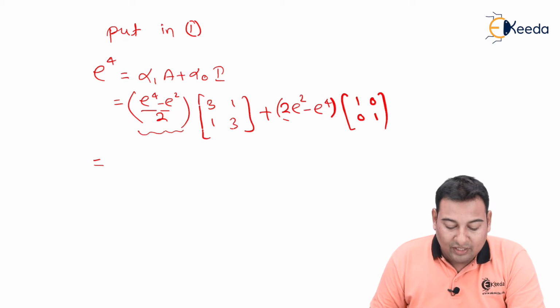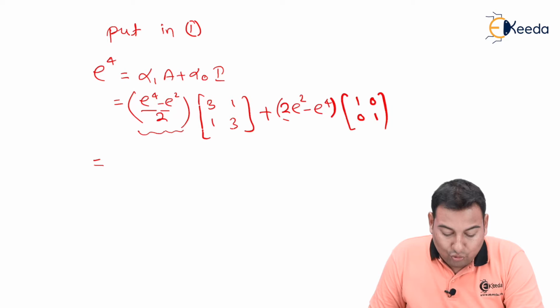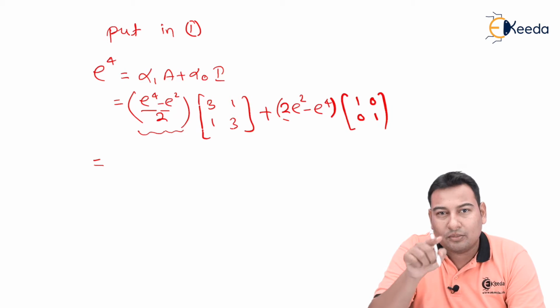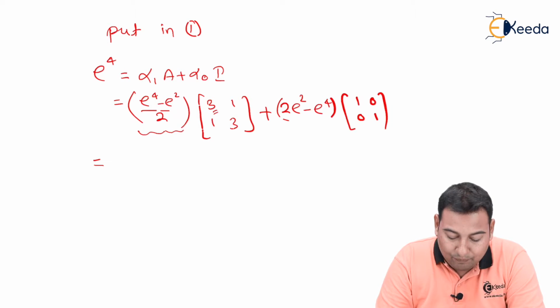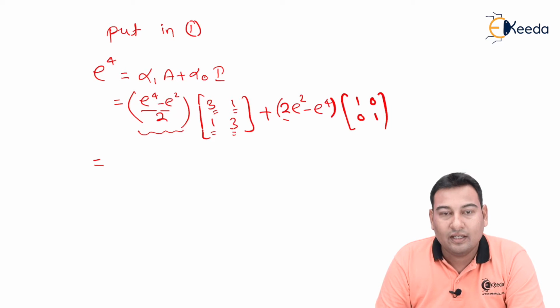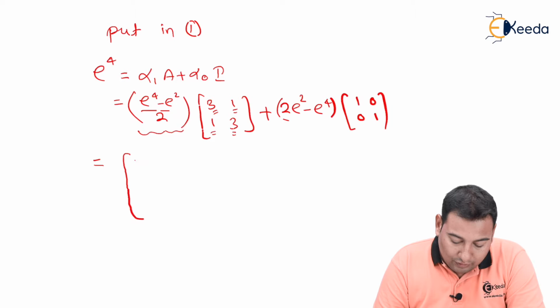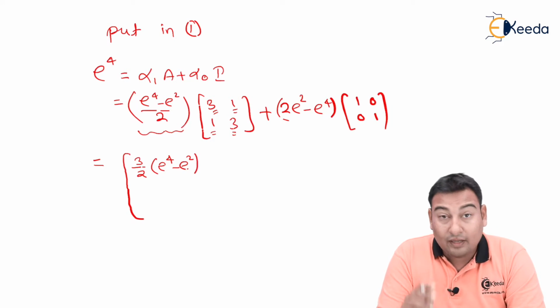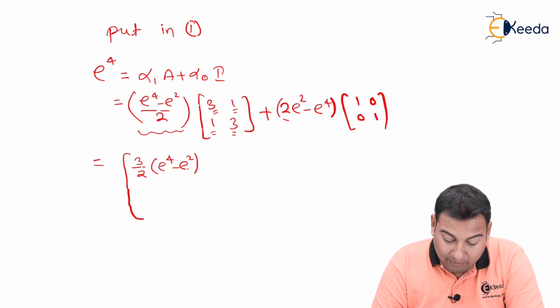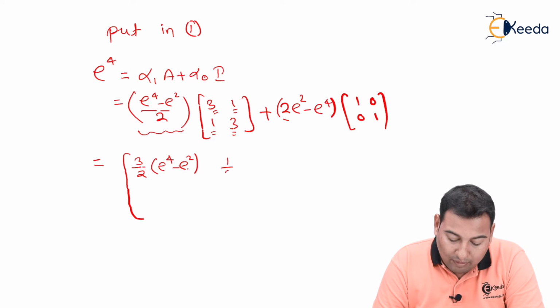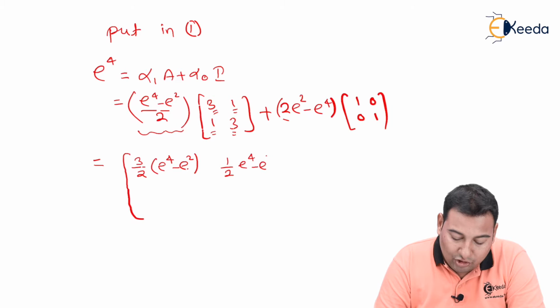Let's open the brackets. This particular term, (e raised to 4 minus e square) upon 2, will be multiplied to all the terms. First will be 3, then 1, 1 and 3. So if you multiply, you will get 3 by 2 (e raised to 4 minus e square). Multiplied with 1, that will be 1 by 2 (e raised to 4 minus e square).